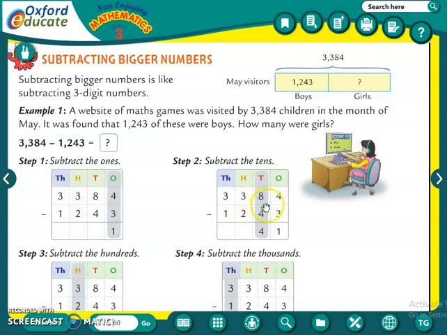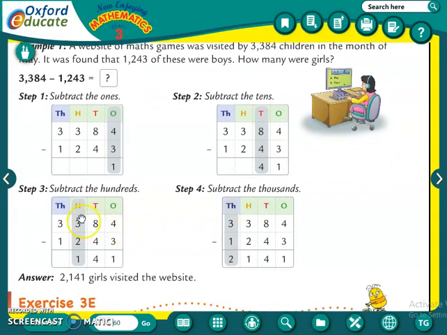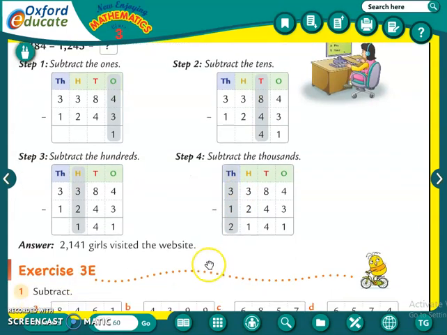Then 8 minus 4 is equal to 4. Then we will subtract the hundreds. 3 minus 2 is equal to 1. And at the last we will subtract the thousands. So 3 minus 1 is equal to 2. So like this the answer will be 2141 girls visited the website.